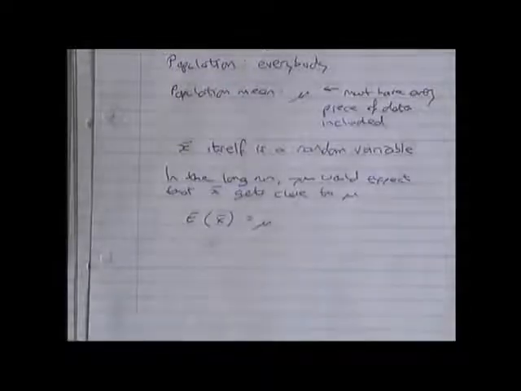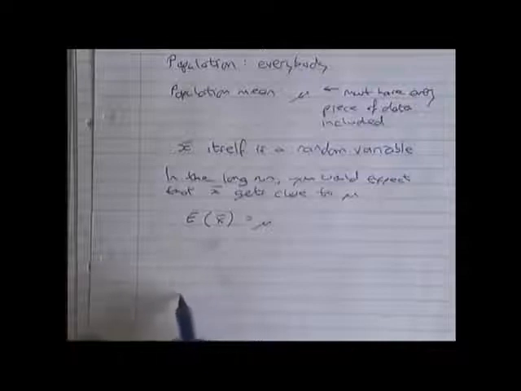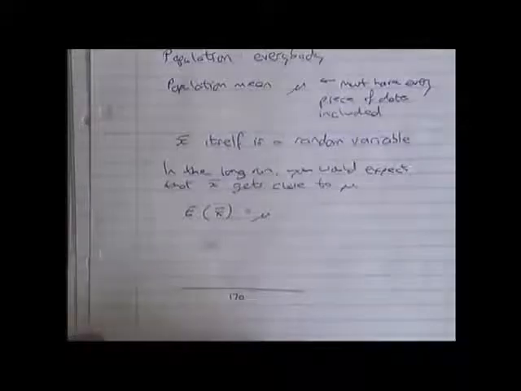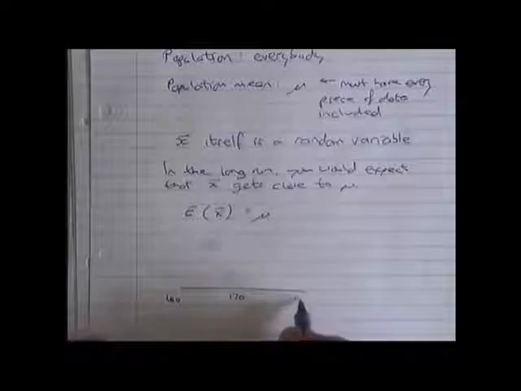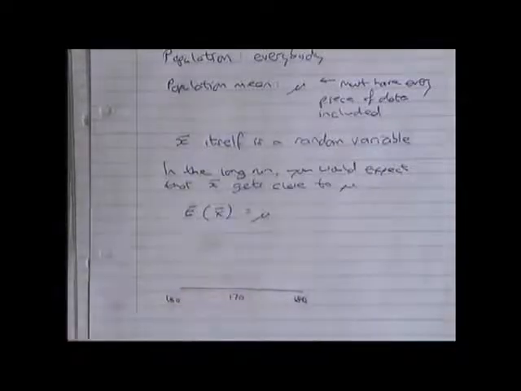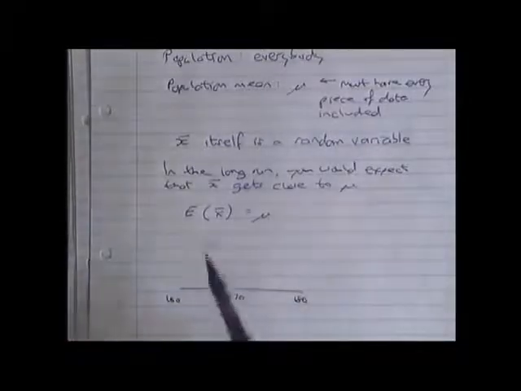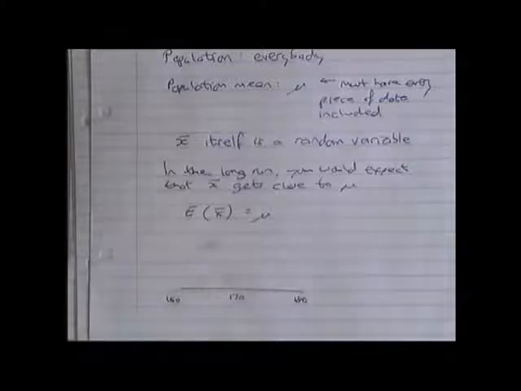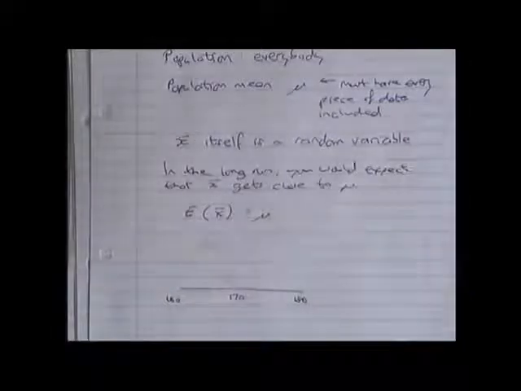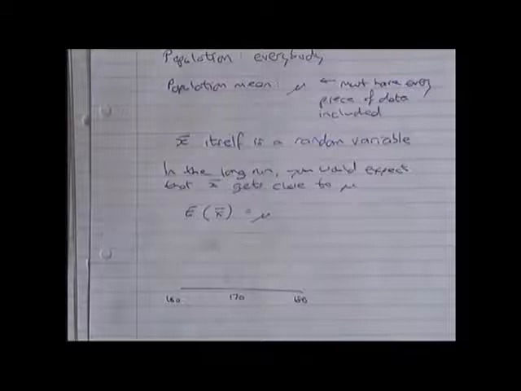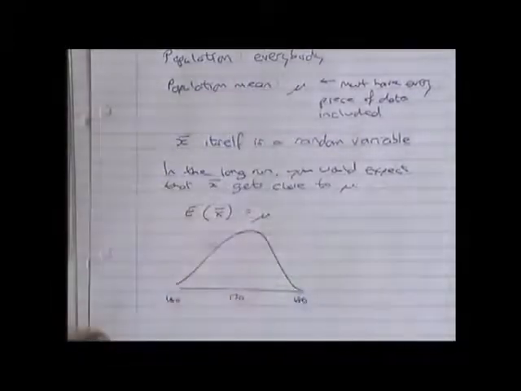If I drew a sort of frequency diagram showing that, say I know that actually the population mean for you lot of height is 170, and the shortest person's 160, the biggest person's 180. What do you think my frequency diagram would look like if I worked out lots and lots and lots of samples? Like the normal distribution, it would look something like that, yes.